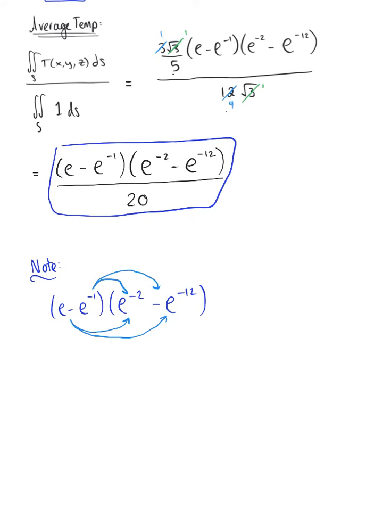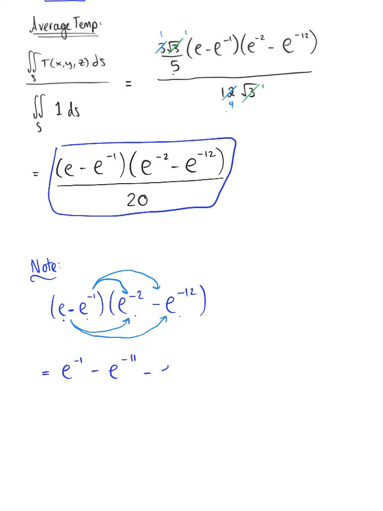So if we FOIL this out, we have the natural exponential times the natural exponential raised to the negative 2, which leaves us with the natural exponential raised to the negative 1. I have the natural exponential multiplied by a negative natural exponential raised to the negative 12. So 1 minus 12 leaves us with the natural exponential raised to the negative 11. Next, we have minus the natural exponential raised to the negative 1 times the natural exponential raised to the negative 2.